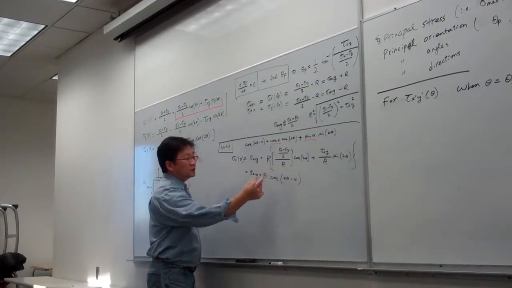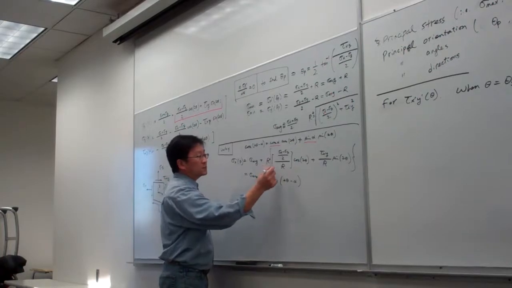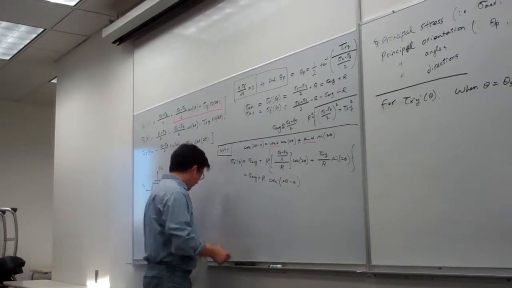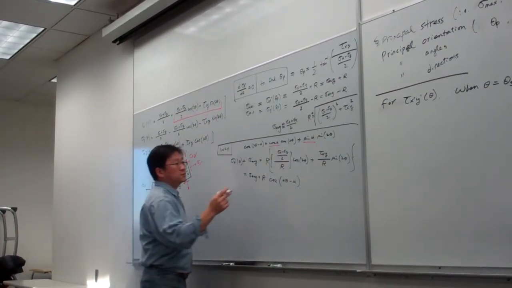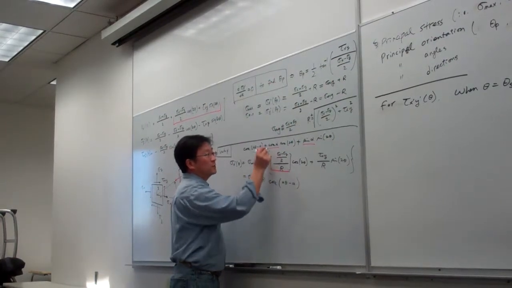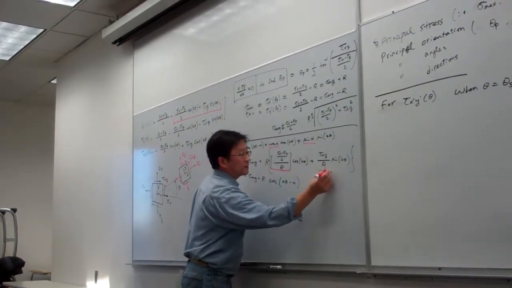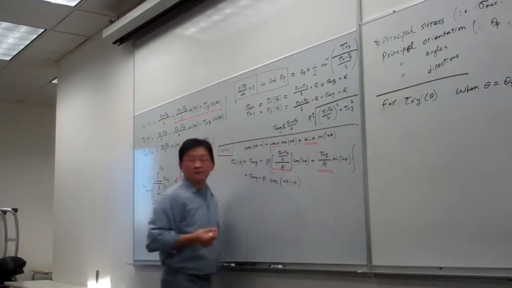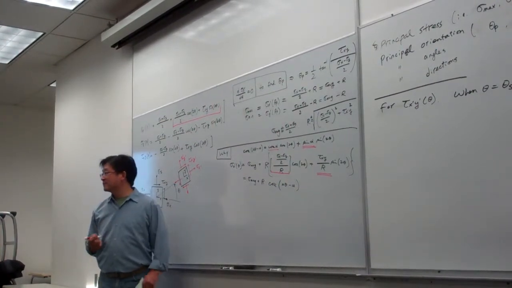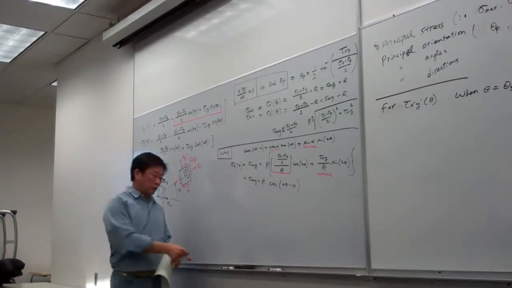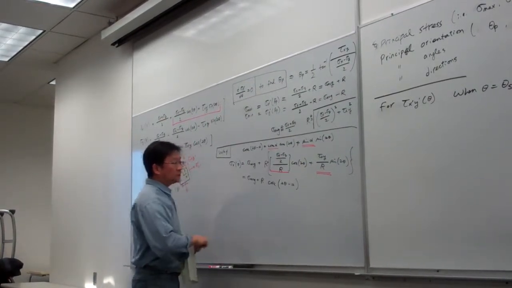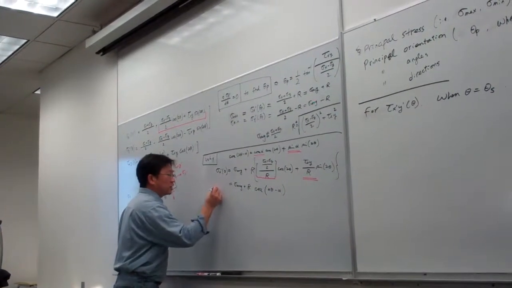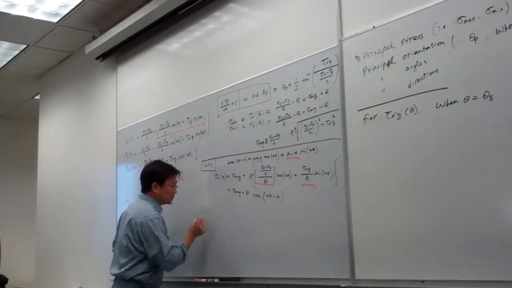So here in these triangles, if you compare these formulations, basically this term is cosine alpha. This term is sine alpha, right? Okay, that means here I have utilized the triangle's information.